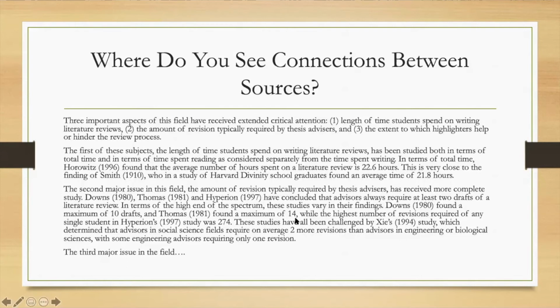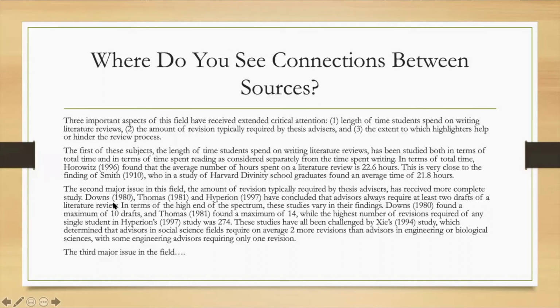This next paragraph shows it even more conclusively. Amount of revision typically required by thesis advisors. Downs, Thomas, and Hyperion have concluded that advisors always require at least 2 drafts of a lit review.